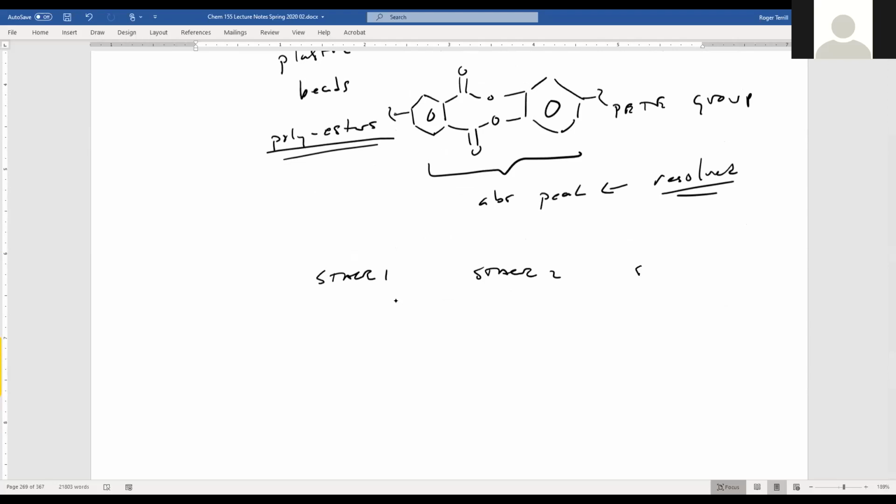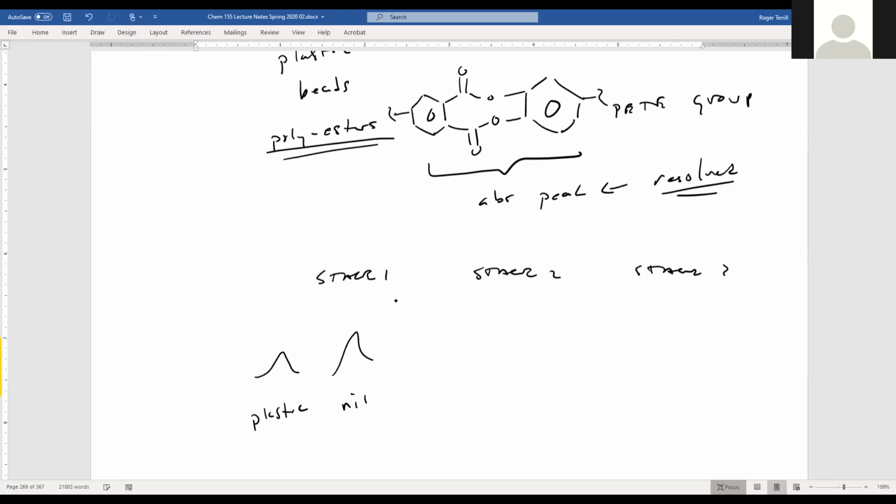stage 2, stage 3, etc. What he would do is put the plastic into a mull, and he would get an IR spectrum, right? He'd get a semi-quantitative IR spectrum, and then there would be one peak and then another peak, right? And this would be from the plastic.